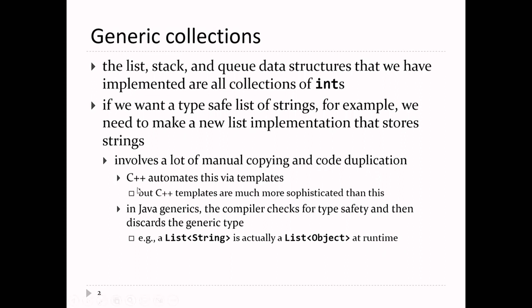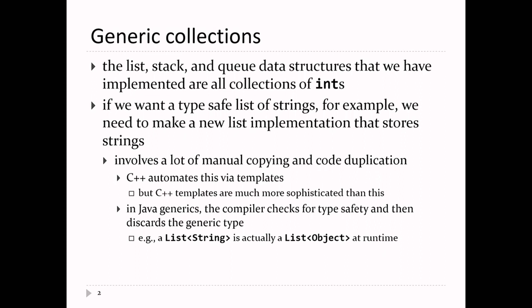Now, in the language C++, this is essentially what happens. C++ has a mechanism called templates, which are analogous to Java generics. So in C++, you can make a class that's a list, and then you can specify the type of element you want in the list. But the way it's implemented is it just copies your source code file and makes a separate copy of it for every type that you have.